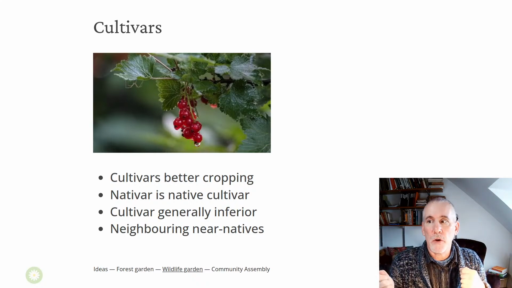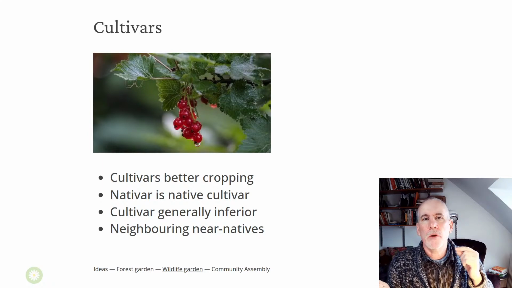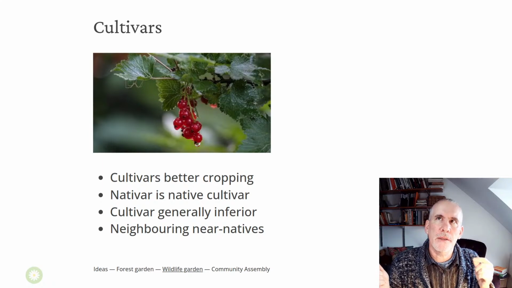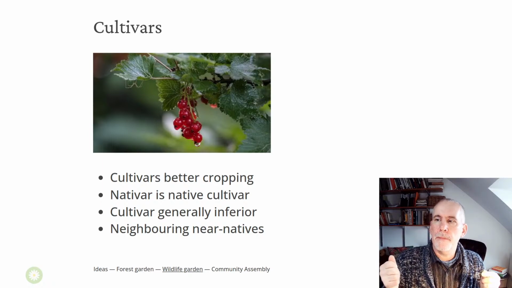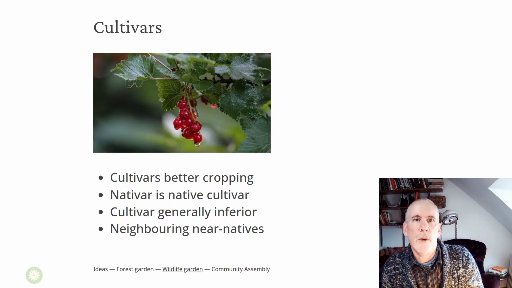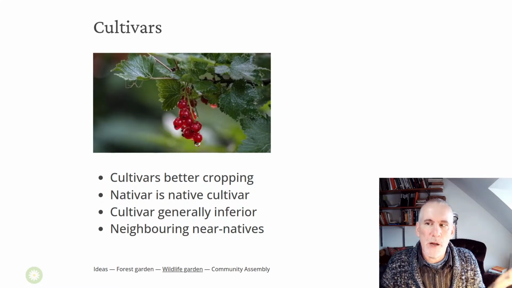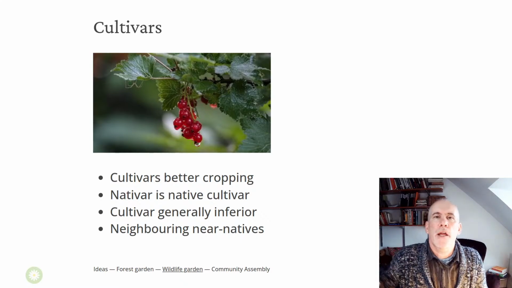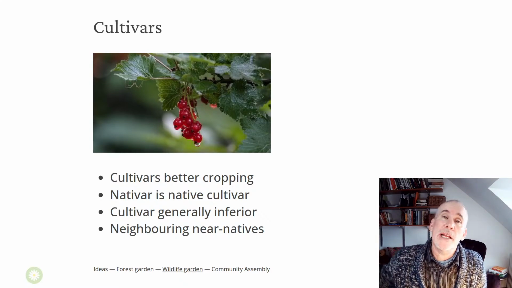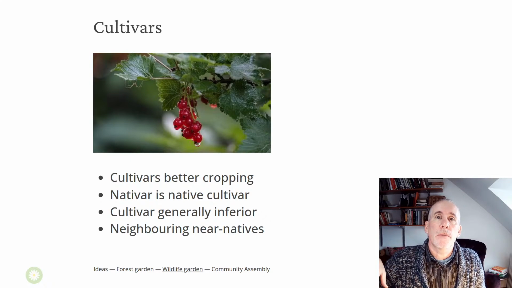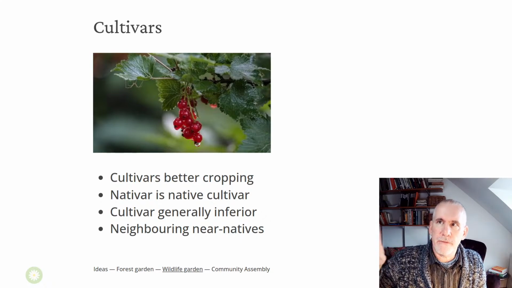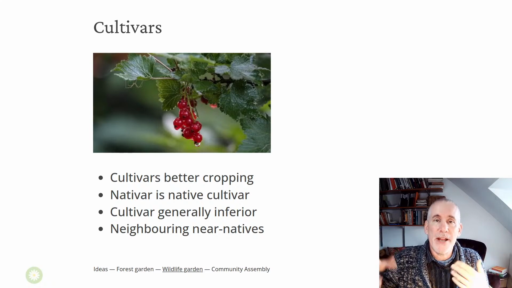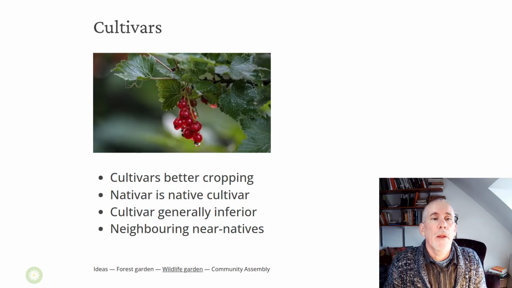They're better cropping, and the nickname for them is nativar. So it's a native plant cultivar. But generally, the cultivars aren't as good for wildlife. But for the home garden, I've got red currants and we've got hazel. Just two examples of native cultivars, but they're bred to be better cropping.